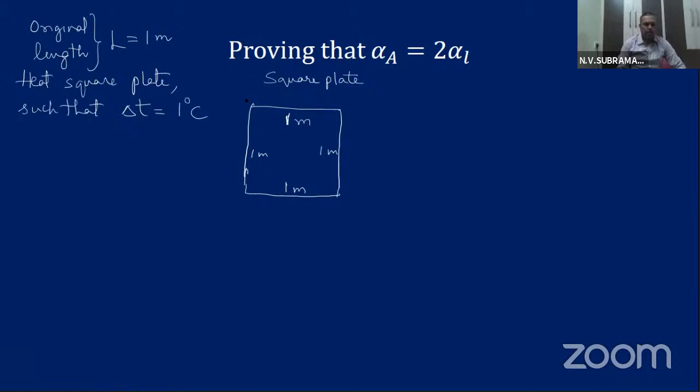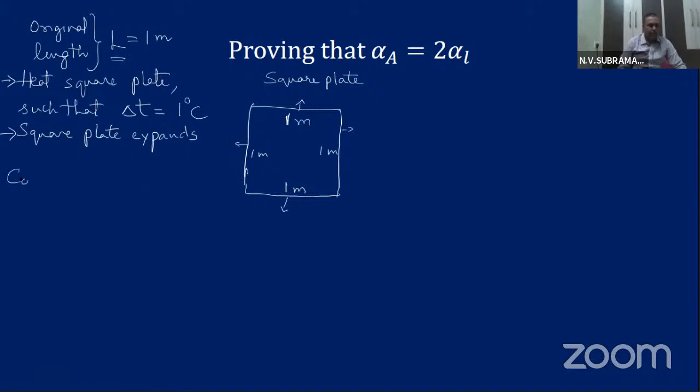Then you all know, even if I change 1 degree, this metal will expand a little bit on all the sides. Even for 1 degree it will expand, right or not? That means the square plate expands. This is the first point. This is the second point: when the square plate expands, the length will also change.